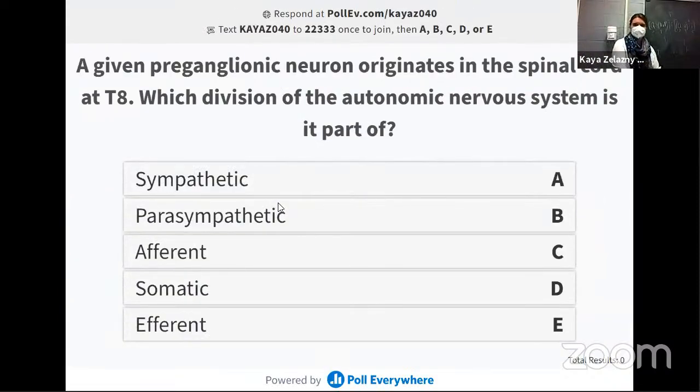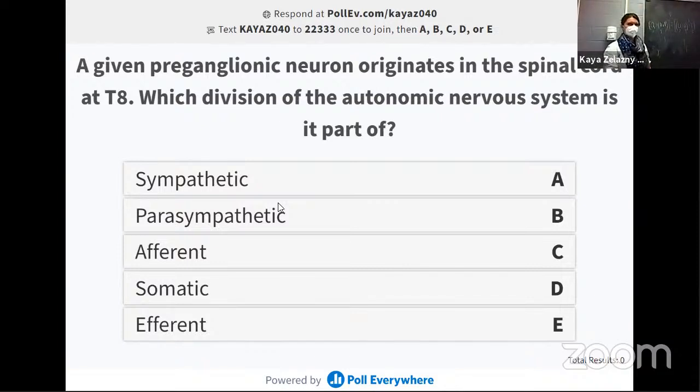Okay, so now we're going to dive into those pieces of the autonomic nervous system. So if we're thinking about a neuron, specifically a preganglionic neuron, starting at T8, so that's a thoracic vertebra.